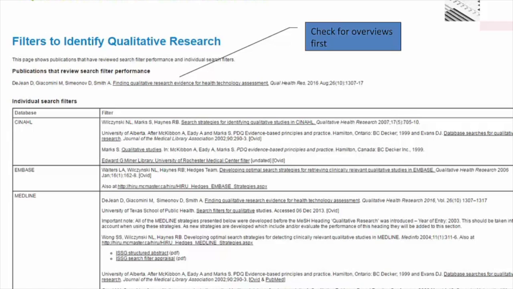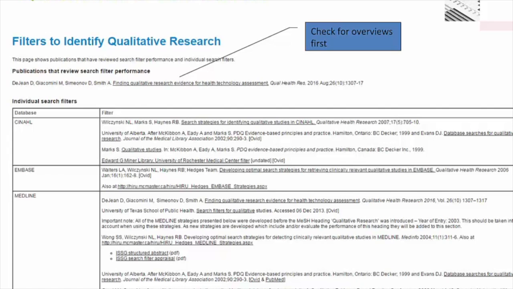So if you encounter a page like this with lots of filters listed, you might want to read the reviews at the top, because these might help you to identify which of these many filters are actually the best performing. So here, before you perhaps look at these, you might want to read this paper, which has examined how well some of these qualitative research filters work.